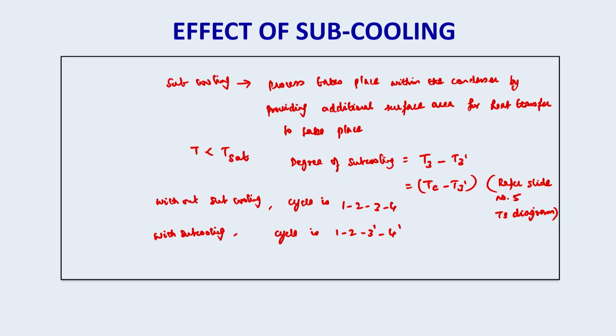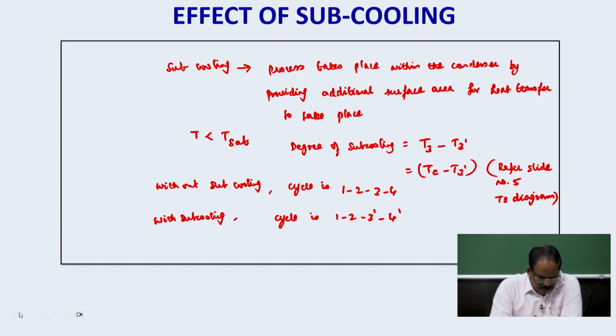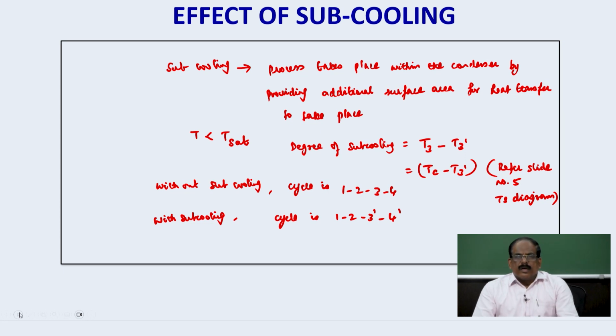How does it impact the system performance? First of all, subcooling will ensure that pure liquid refrigerant is entering the expansion device. It prevents the formation of vapor bubbles in the liquid line.